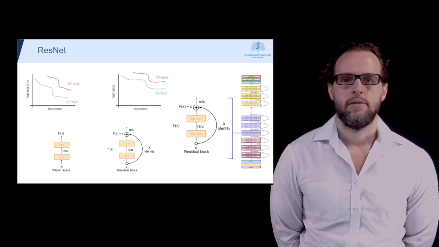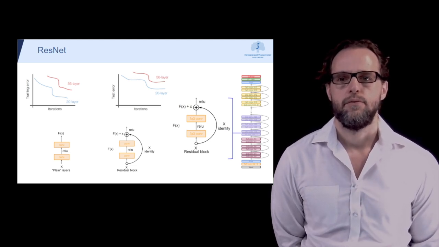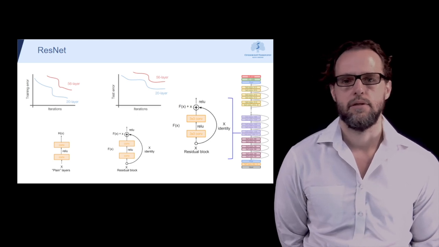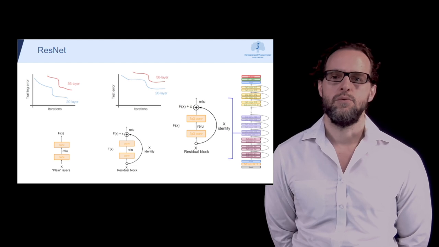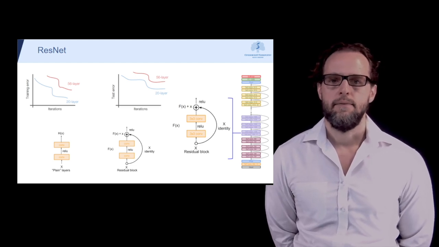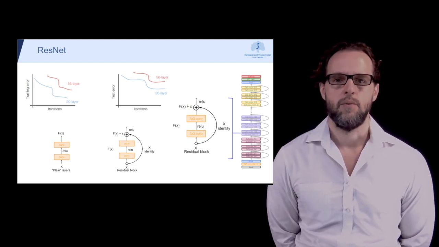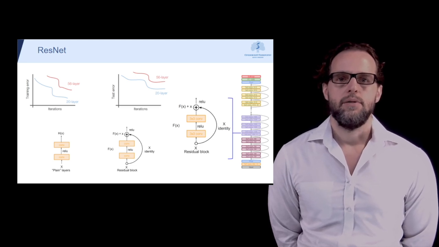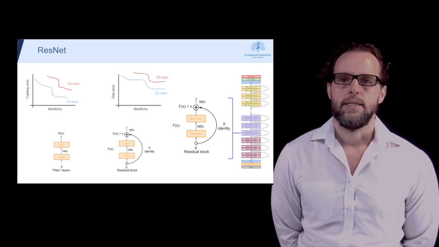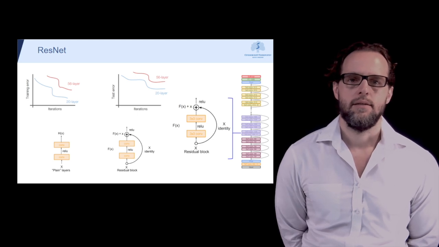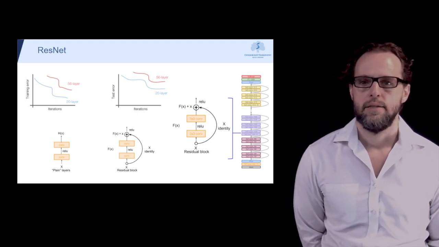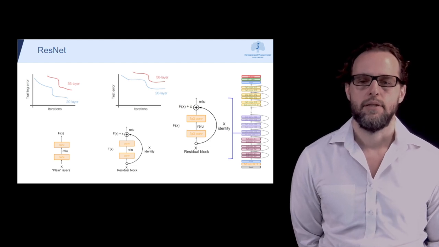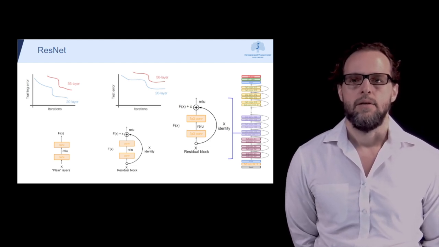ResNet produced a revolution in deep neural networks. It consisted of 152 layers, and some versions had more. How did this become possible? The creators of ResNet suggested that the problem is one of optimization. Deeper models are much harder to tune.